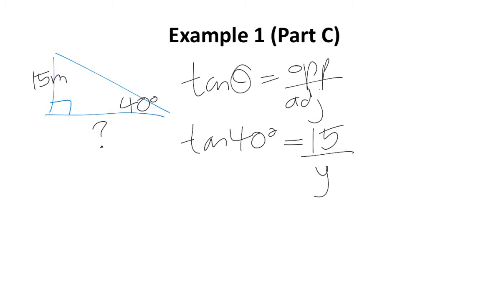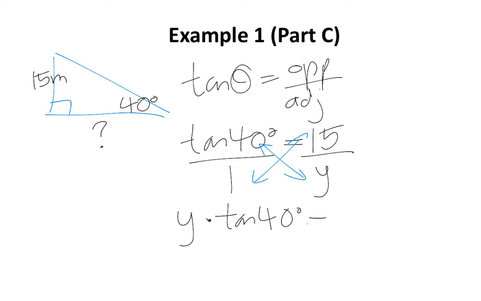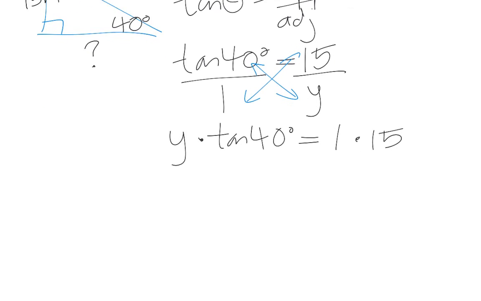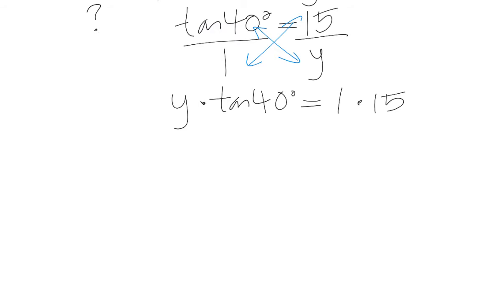At this point, you want to isolate y, but it is stuck in the denominator. There are different ways of doing this, but I'm going to use a cross multiplication method. I'm going to multiply these numbers, so you get y multiplied by tan of 40 degrees and 1 multiplied by 15. We want to isolate y, but y is still stuck with this tan 40.